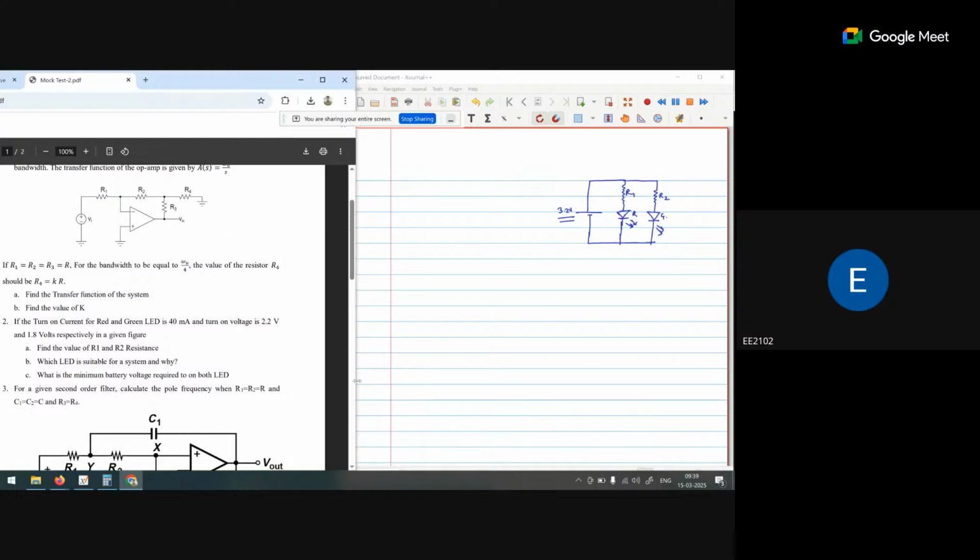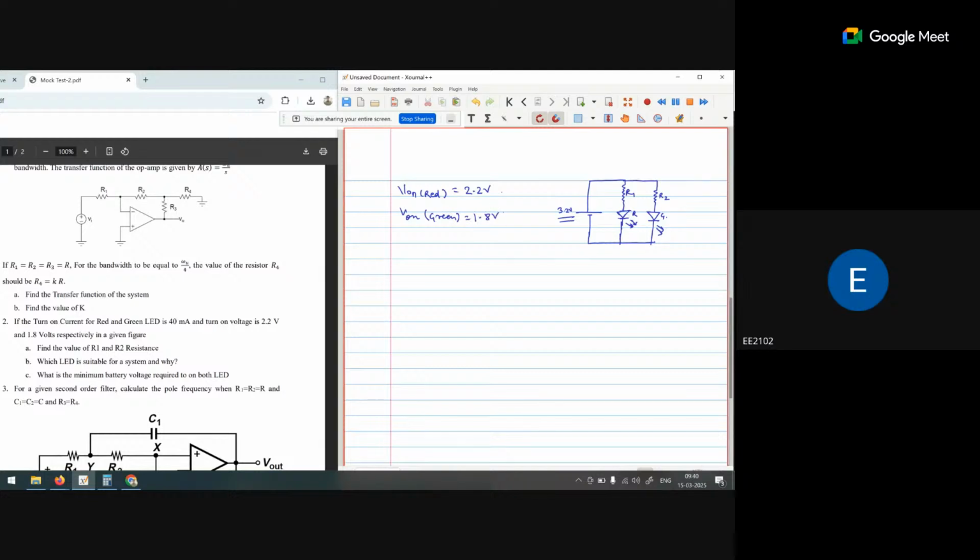Now, if we say that the turn on voltage for 2.2 and 1.8, so that means the V on for red is 2.2 volts and V on for green is 1.8 volts.